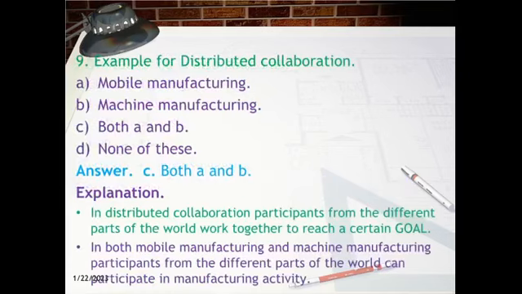9. Example for distributed collaboration: A. Mobile manufacturing, B. Machine manufacturing, C. Both A and B, D. None of these. Answer: C. Both A and B. Explanation: in distributed collaboration, participants from the different parts of the world work together to reach a certain goal.